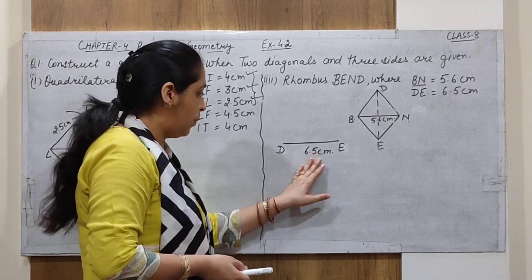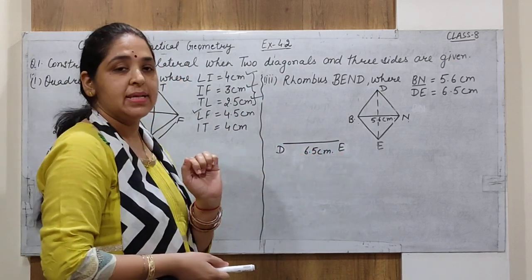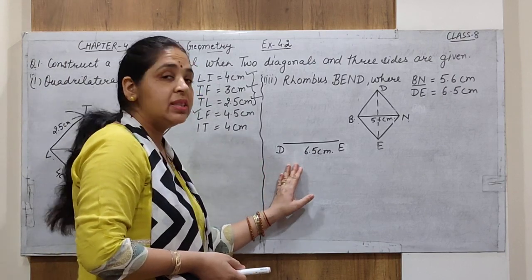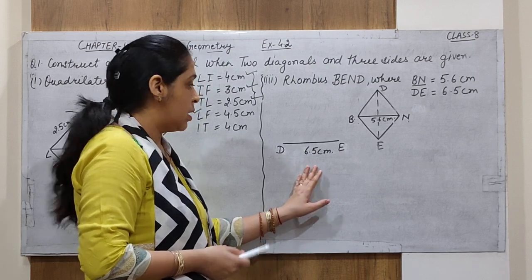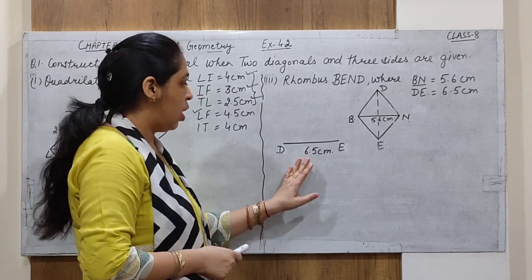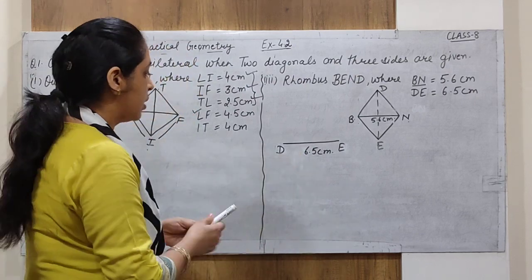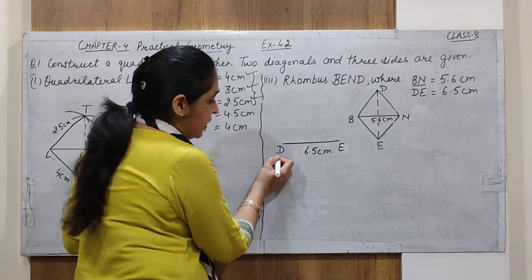The property is that we can find the perpendicular bisector of a line, which is in the 7th class practical geometry. How can we find a perpendicular bisector? Open your compass approximately more than half, considering D as center.